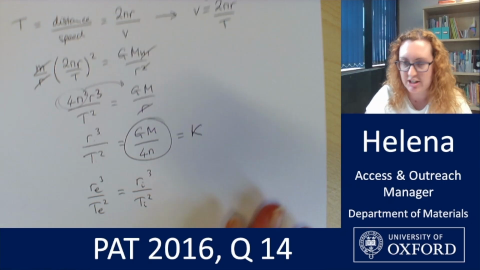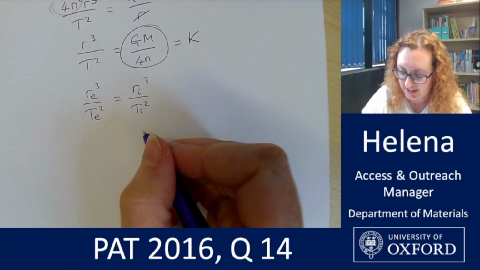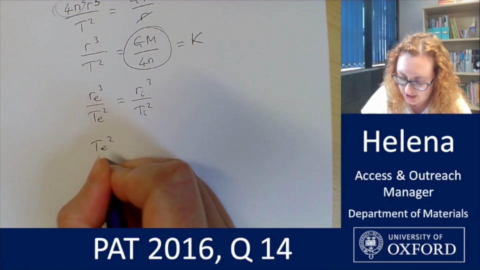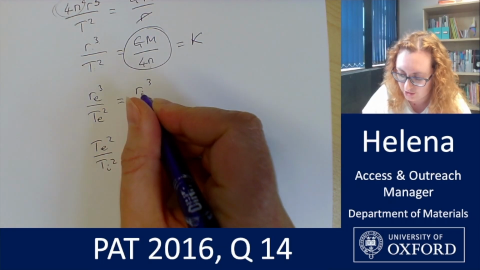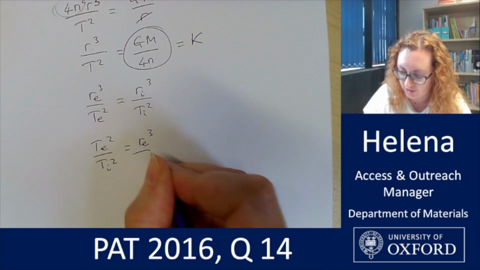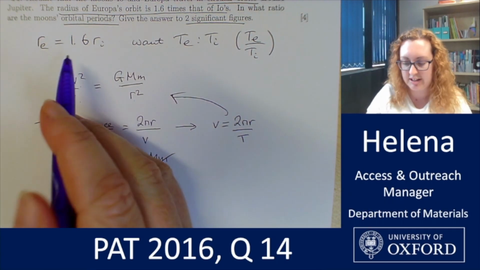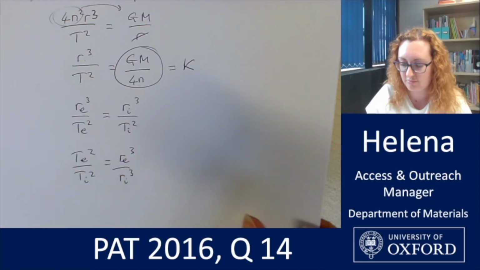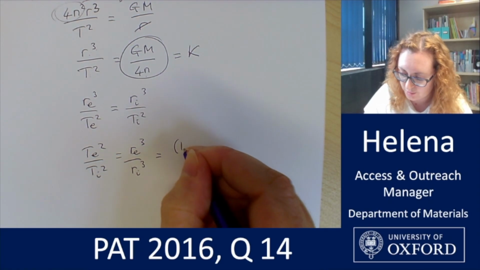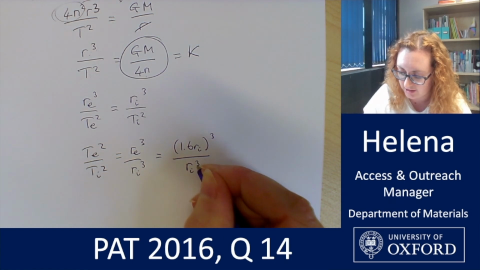So now we can rearrange it to get that fraction that we wanted at the start. I'm going to do that here. We have TE squared over TI squared is equal to RE cubed over RI cubed. Let's substitute in our relationship for RE. So that's equal to 1.6 times RI, all cubed, divided by RI cubed.